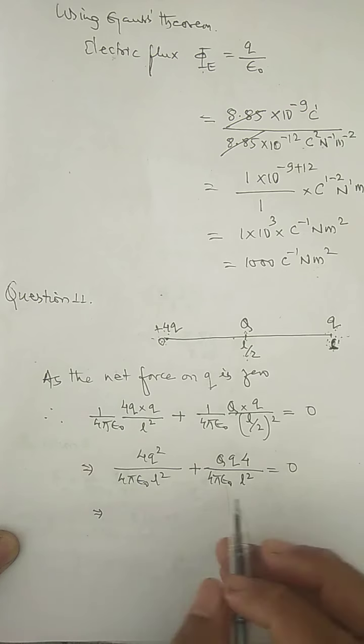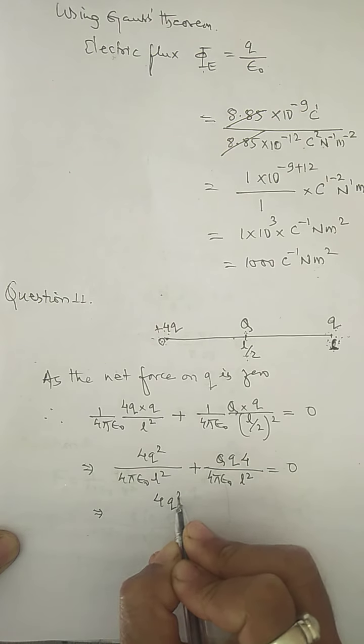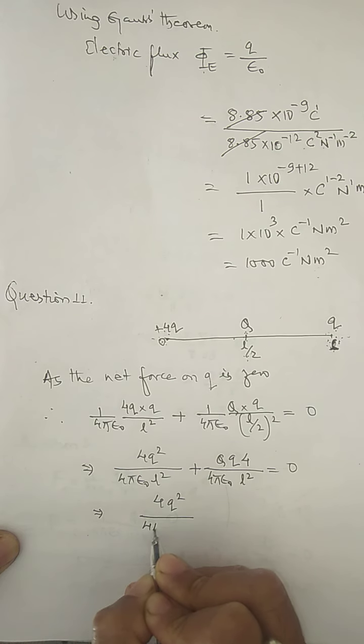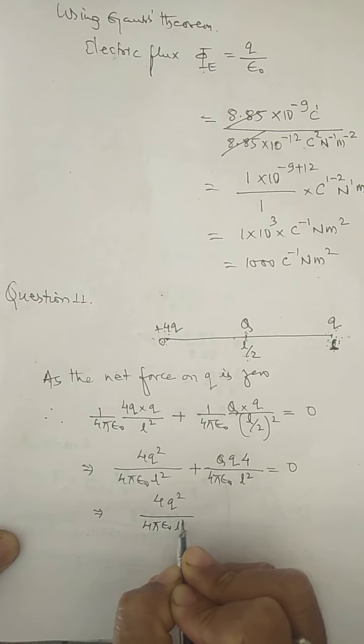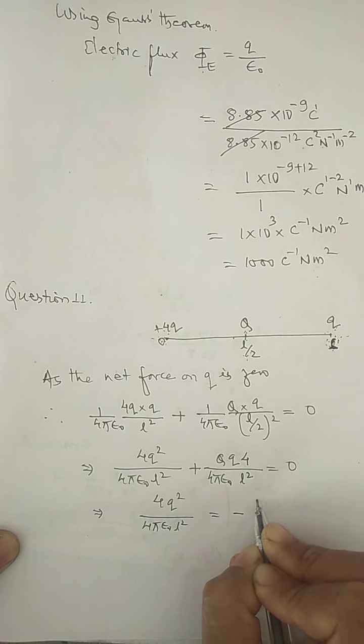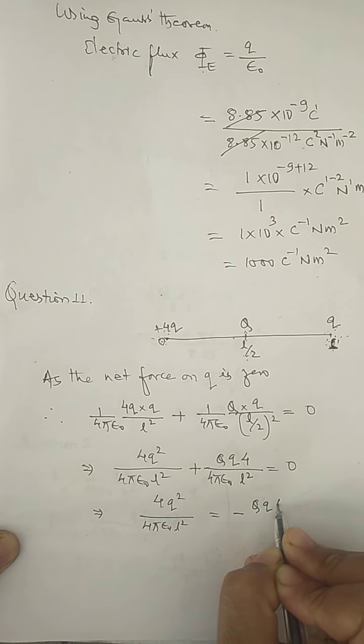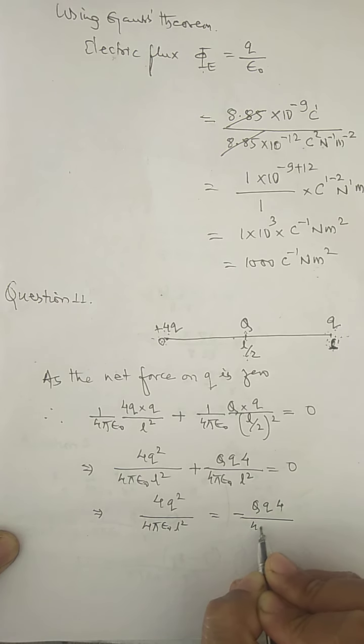I cannot add these, so let me take this quantity to the right hand side. So 4q square by 4 pi epsilon naught L square equals minus capital Q small q times 4 by 4 pi epsilon naught L square.